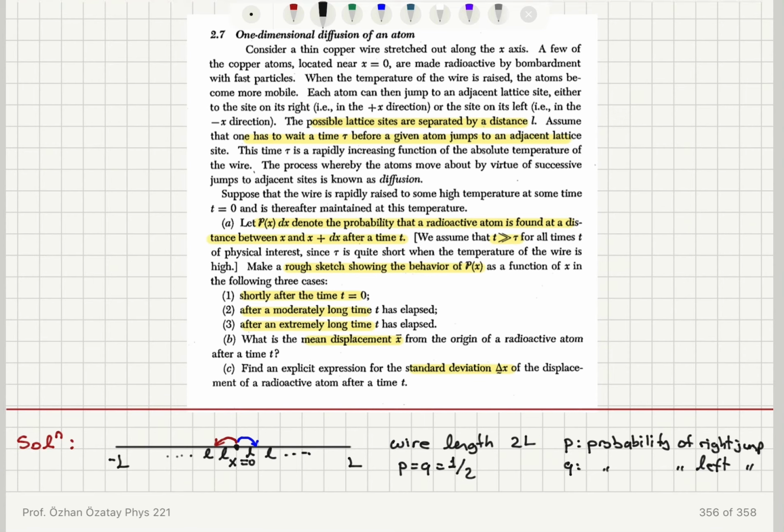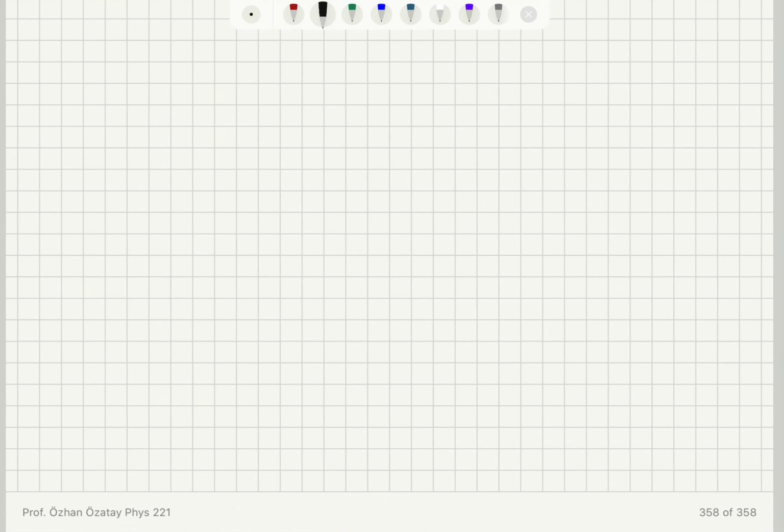Now find an explicit expression for the standard deviation of the displacement for a radioactive atom after a time t. So let's talk about the standard deviation in the displacement.